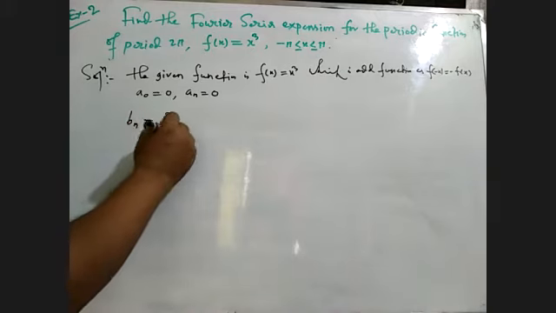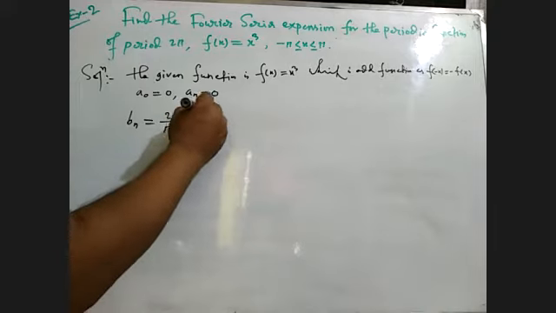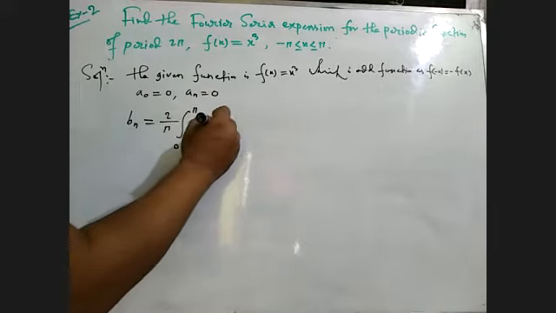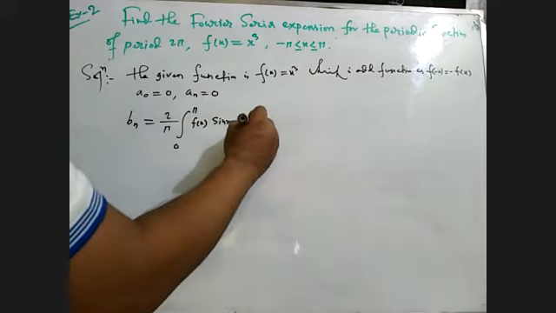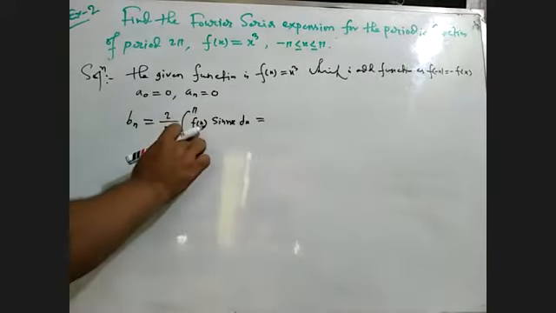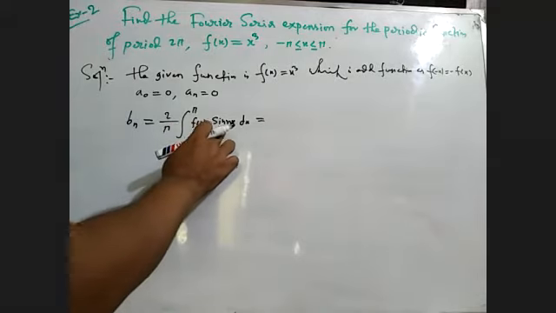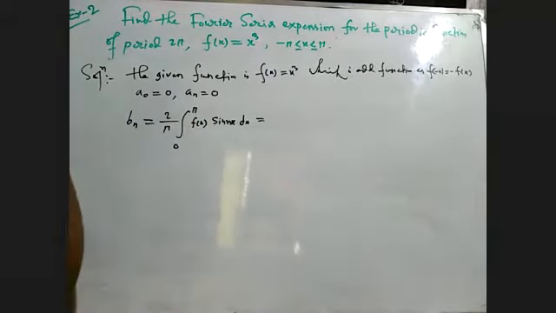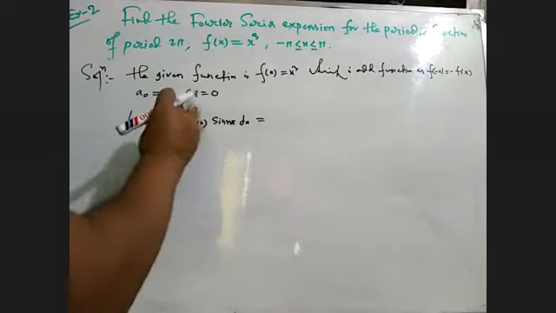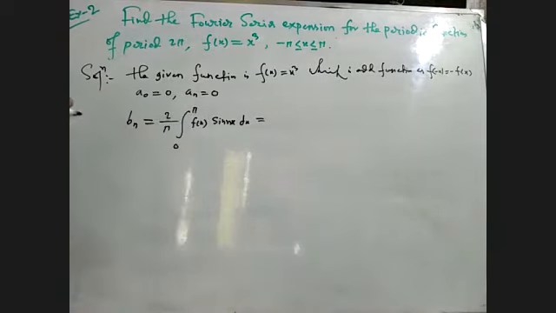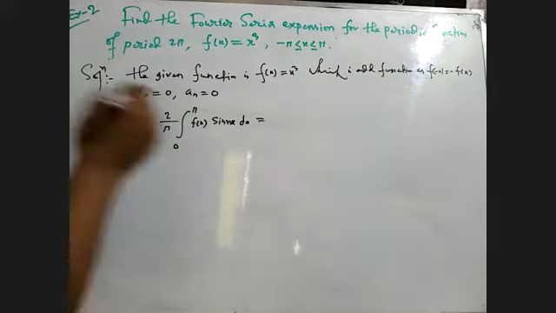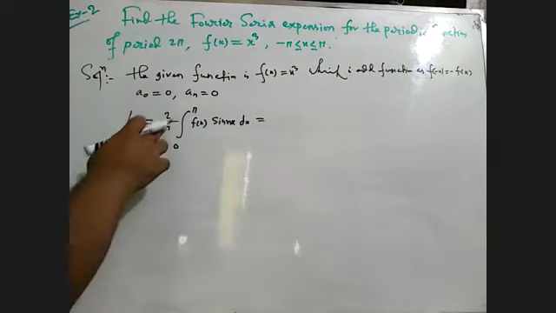Now bn will be 2 divided by pi, integral from 0 to pi of f of x sin nx dx. The given function is odd and sine is also odd, so odd multiplied by odd gives an even function. This is why, in the case of an even function, we can calculate the area from 0 to pi.